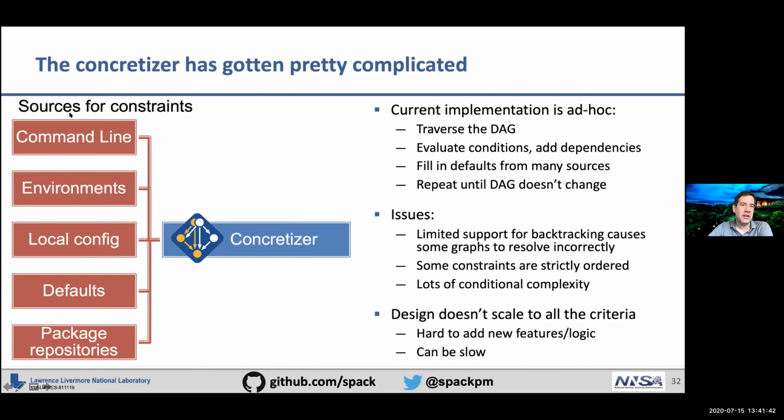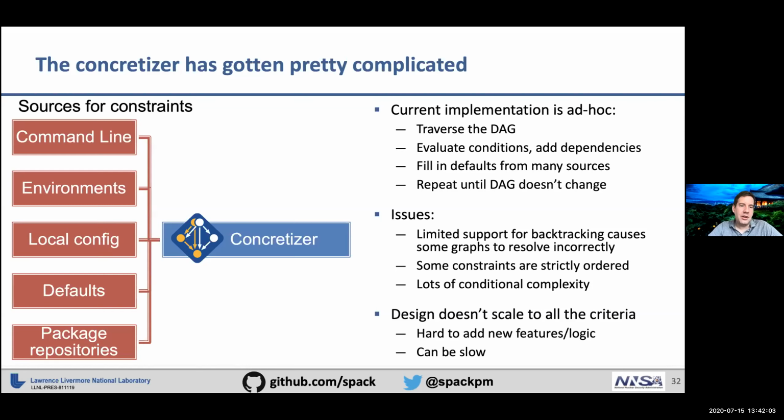There's information in all of these places that affect the defaults and what the constraints are on how we can build a particular package. It turns out this is an NP hard problem, and the current implementation in Spack is actually using a greedy algorithm where we make some decisions too early.